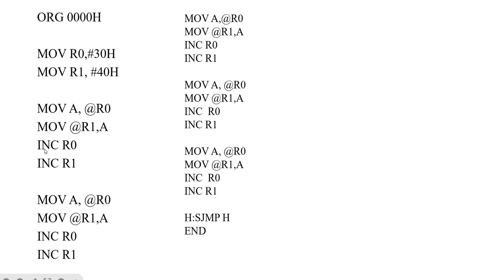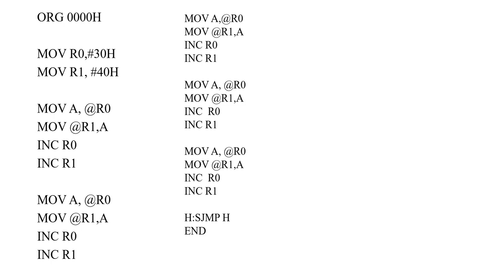Next instruction is INC R0, that is you have to increment the source pointer R0 to the next memory location. What will be the next memory location? That is 31H. Then INC R1. So after incrementing R1, this 40H will become 41H. Here this sequence is repeated 5 times to move 5 bytes of data.